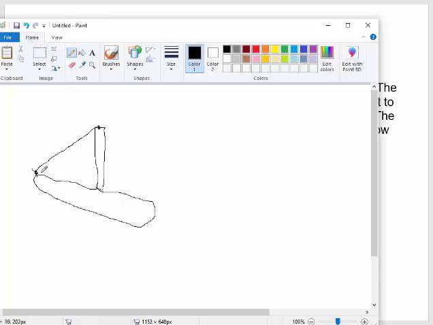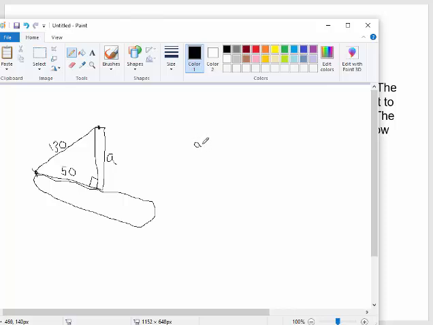From here to here is 50 feet, and the length of this cable is 130 feet. So this right here is a right triangle, and it's asking us to find the value of A, the height of the mast.